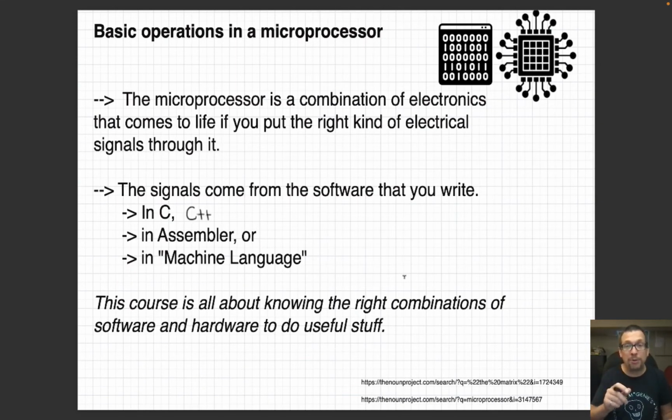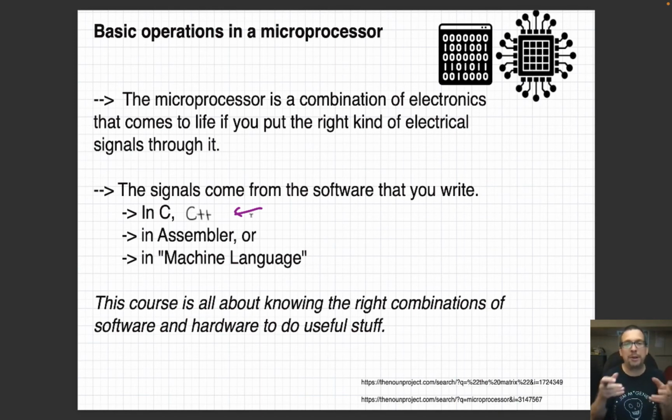Now, the microprocessor is a combination of electronics that come to life if you put the right kind of electrical signals through it, but you're not controlling those electrical signals directly. You're getting these signals from the software that you write. And typically, you're writing that software in a language like C or C++ or MATLAB or Java or Python. In this course, however, we're going to go under the hood. We're going to talk about what happens after you've written that code in a high-level language, when it gets translated into something called assembler, which is closer to what the machine actually speaks.